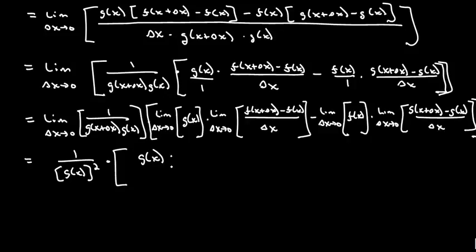Because we don't really care what's happening as delta x goes to 0, because g of x is just g of x. It's like if it was 2, it'd be just g of 2. Now here, this right here is f prime of x, and we know it exists, so we're good writing that down, minus this guy is f at x. Okay, this guy right here is g prime of x.